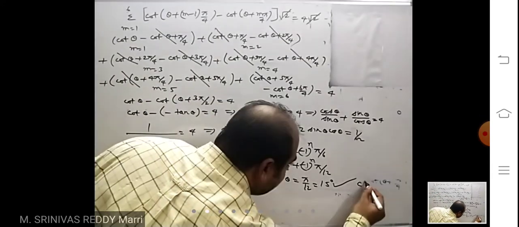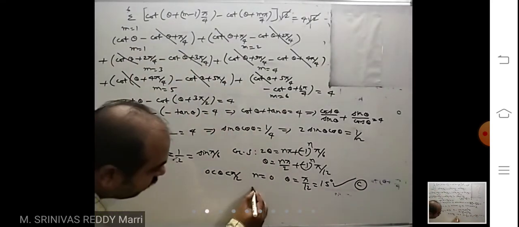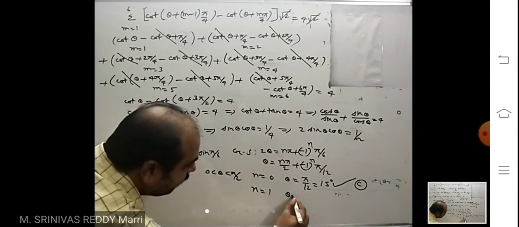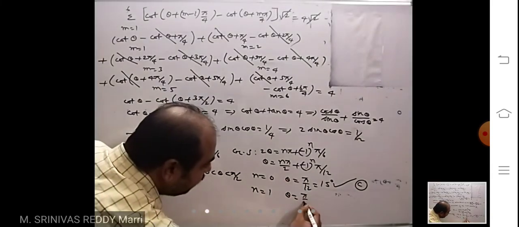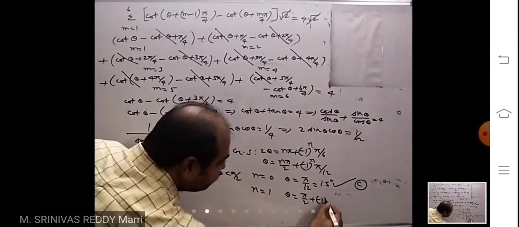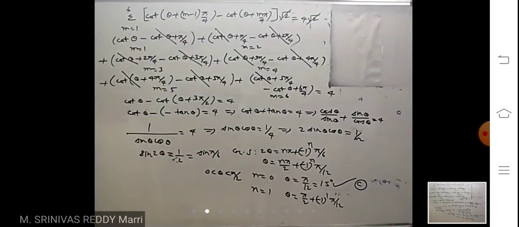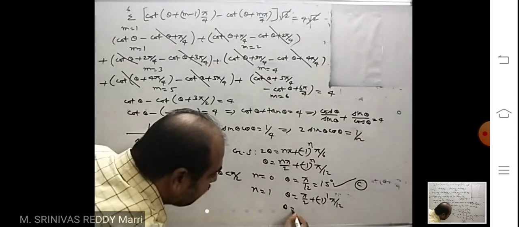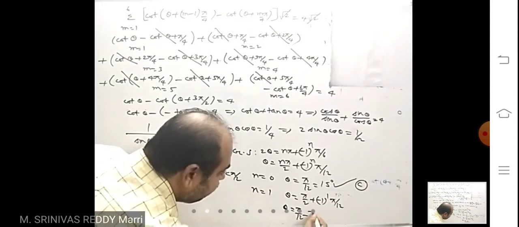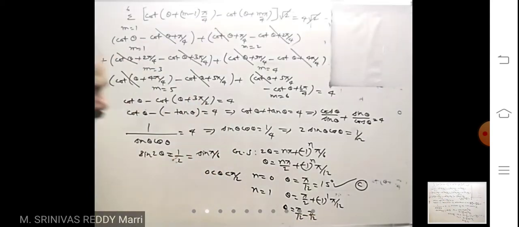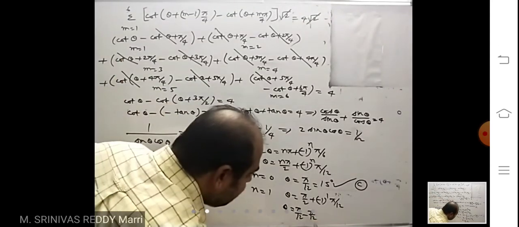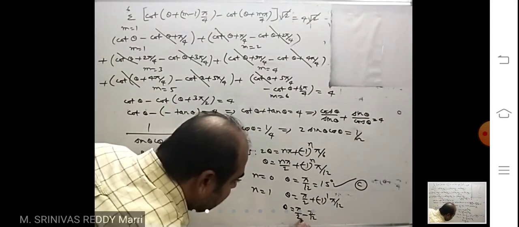So this is one solution. That is given in option C. It is a multi-correct answer. Now n equal to 1 means theta equal to pi by 2 plus minus 1 whole power 1 into pi by 12. That means this is pi by 2 minus pi by 12.